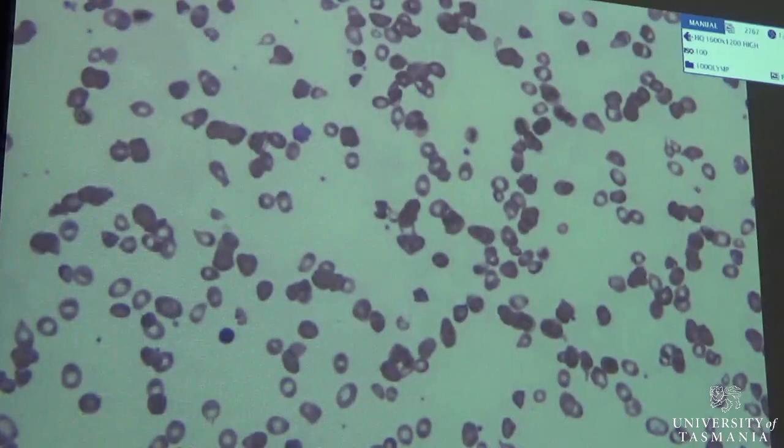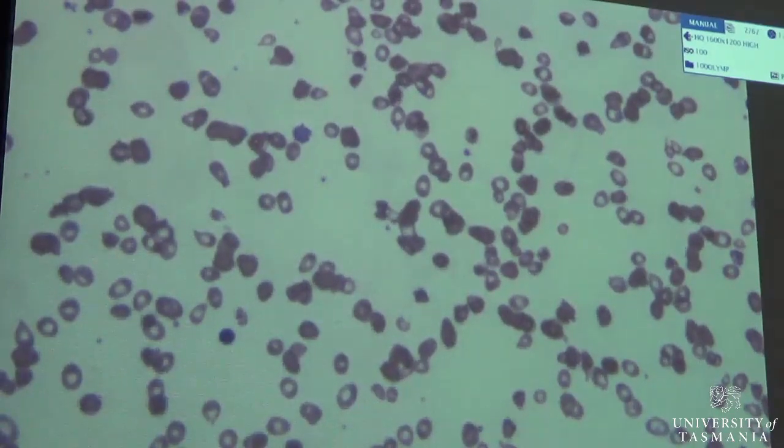So you can see in the field that I'm on, you can't possibly tell anything about the morphology of the cells in that field. You're too far up the field, you're too close to the top where the blood drop was put onto the film and the film was spread. So that's what we call the head of the film.